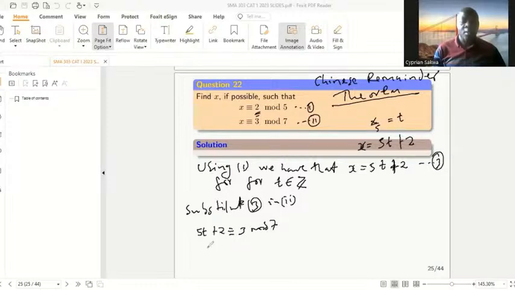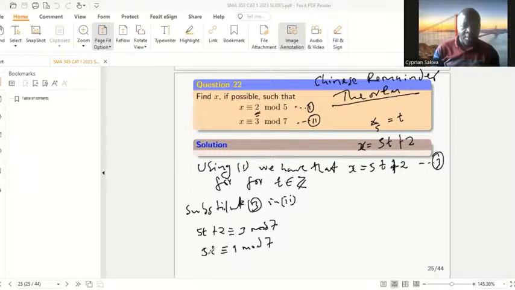Taking 2 to the other side of the equal sign gives us 5t is 1 mod 7. So what is t? We've been solving this kind of equation, finding t. You look for the inverse of 5, for instance, or use this algorithm. You have many choices of how to do it. The inverse of 5, I see it to be 3.